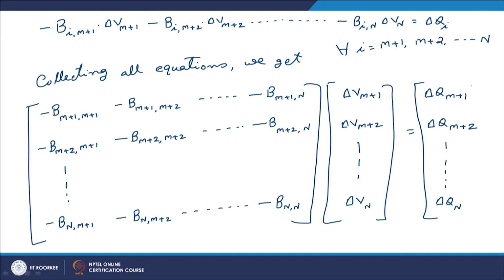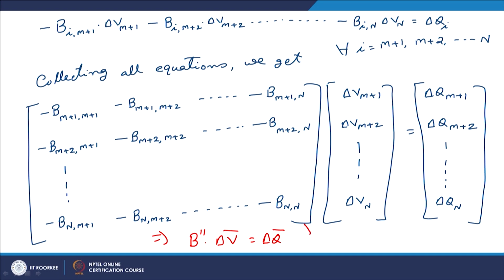So, that is the equation. So, in power system parlance, we write this equation as B double dash matrix into delta V vector is equal to delta Q vector.